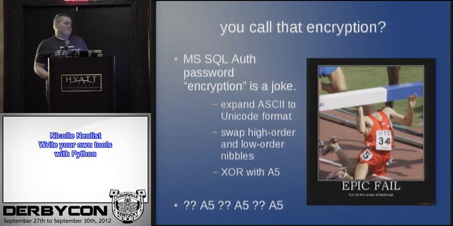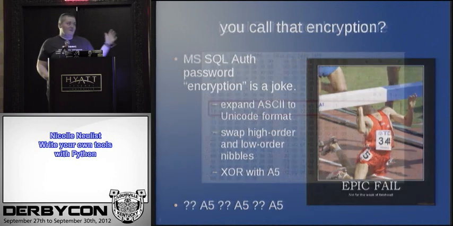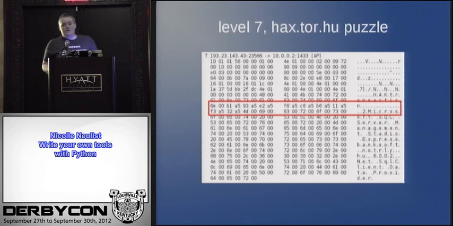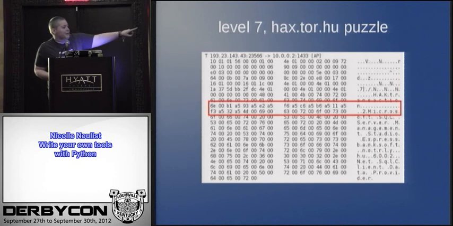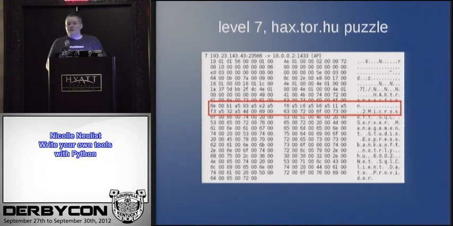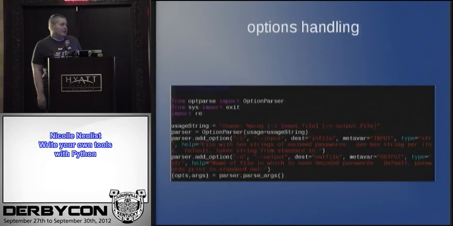So if you're sniffing packets, something A5, something A5, something A5, like I saw in this puzzle that I was doing online pretty recently, it says there, Microsoft SQL Server Management Studio. Username is in plain text, transaction. All you have to do is decrypt the password. And well, that encryption sucks.